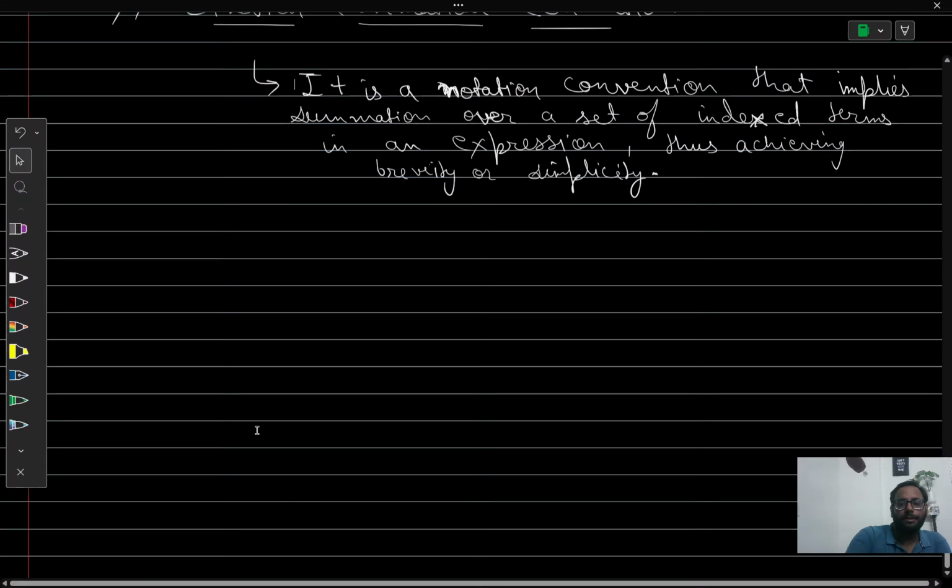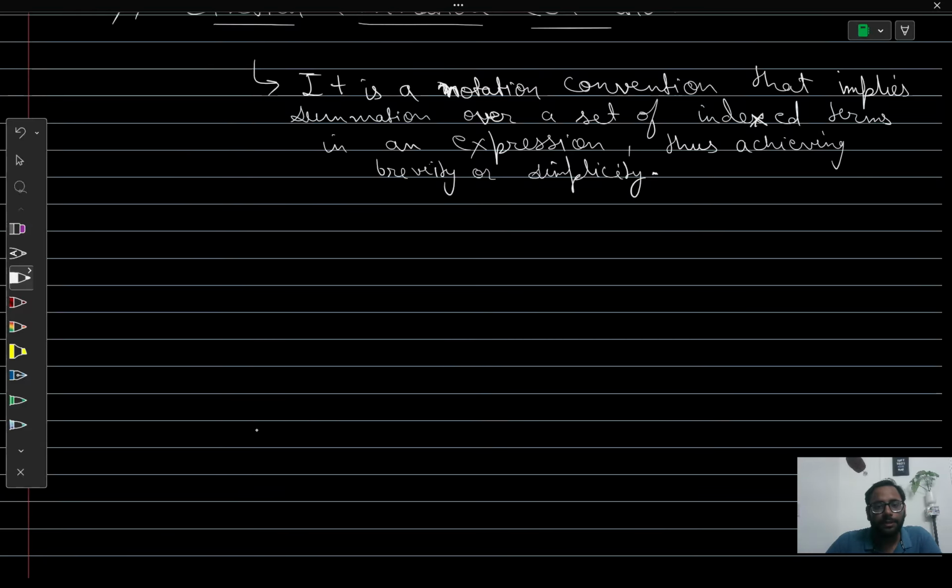Let's define what this convention is. First of all, let's define how many types of indices there are. There are two types of indices.